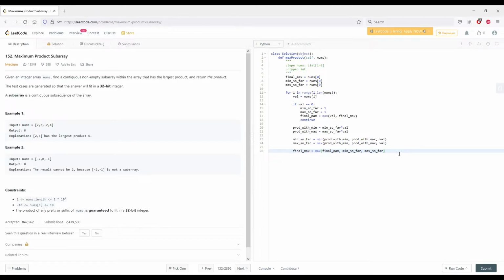Okay. Then lastly, what we can do is return final max. Okay.